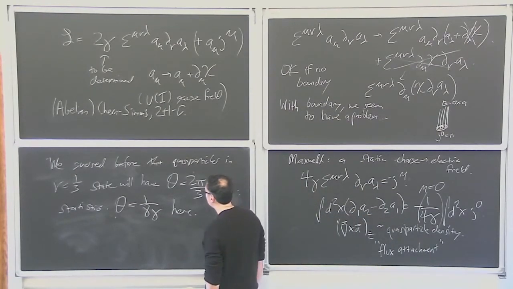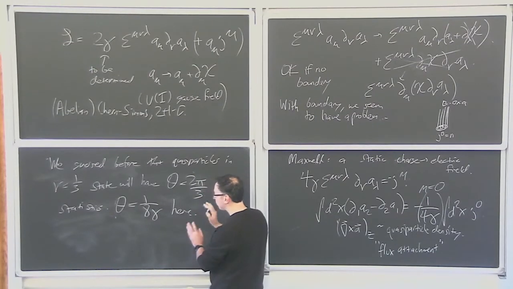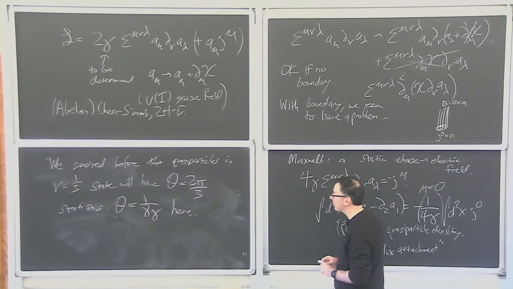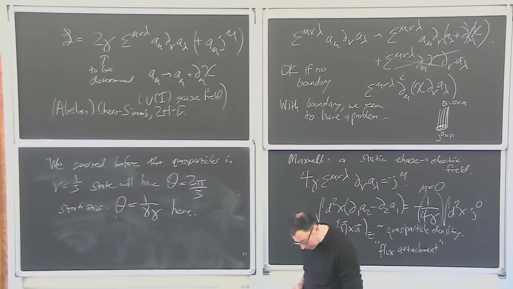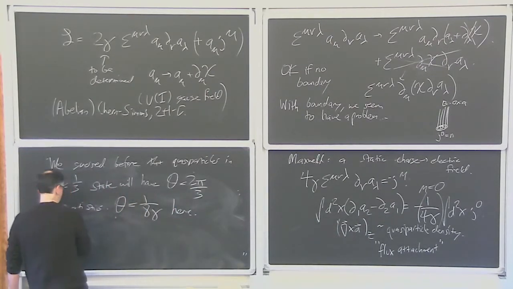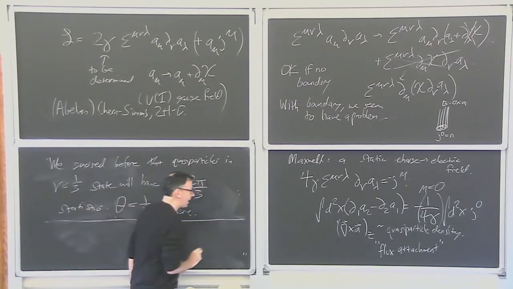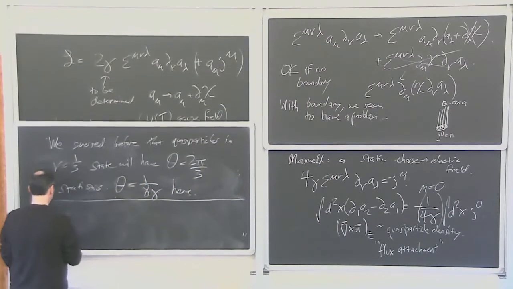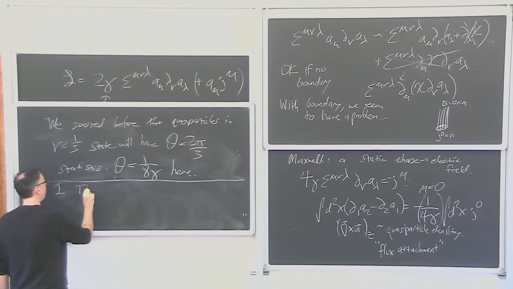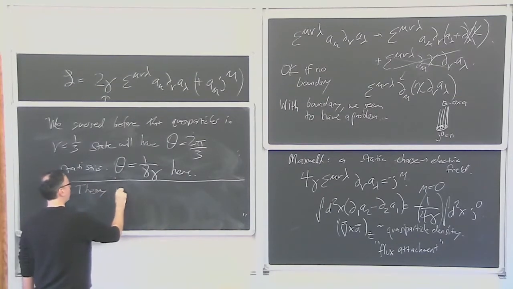Okay, so that's the original feature why people were interested in this theory, but it turns out to have a number of other neat properties that we're going to talk about quickly. So let me tell you what we're going to say, and then we'll do it. So first, what if we solve the theory without boundary?